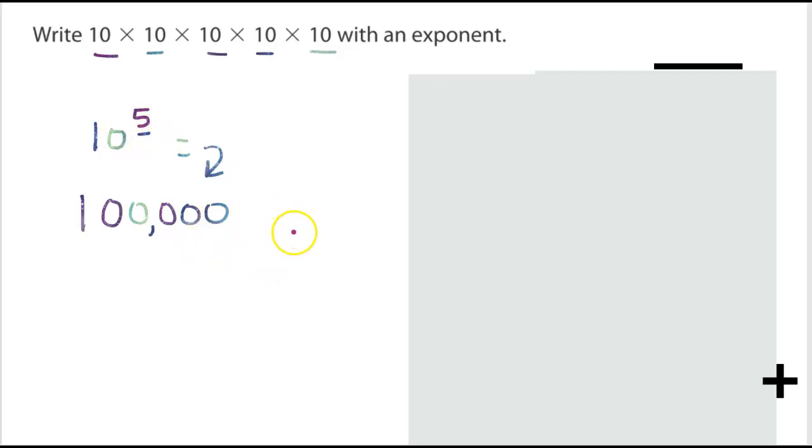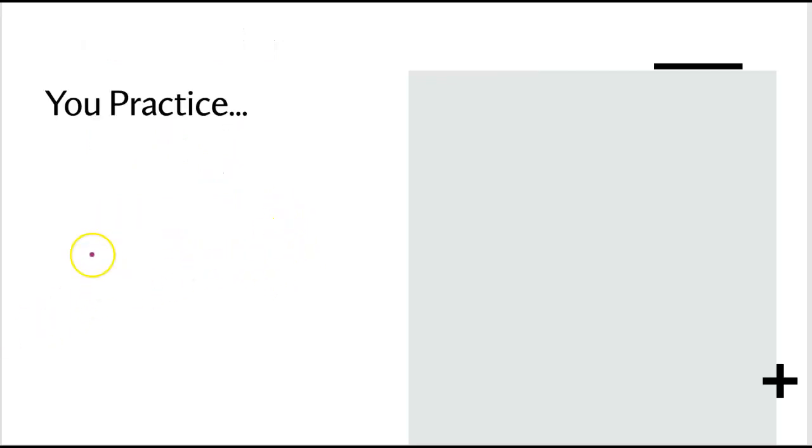Okay? So now I want you to try. I'm going to give you a couple problems here that I want you to solve if you feel the need to do so. So you can pause the video and then solve them, and then hopefully I'll have the answers for you. Okay? So the first one I want you to try is 3 times 10 to the third. What would that be? Right, a little crooked, sorry. The second one is 7 times 10 to the second.